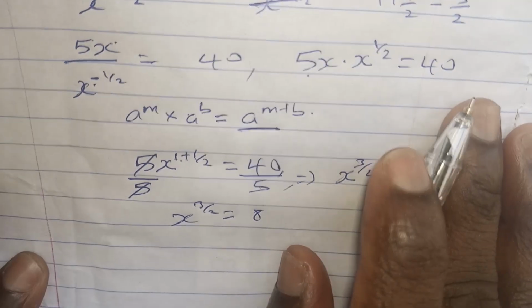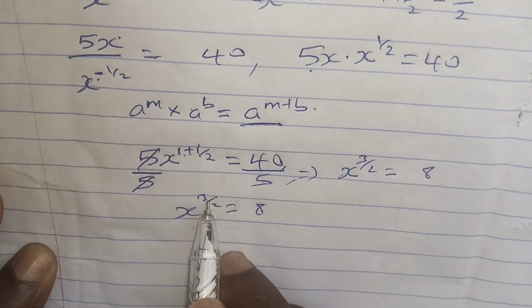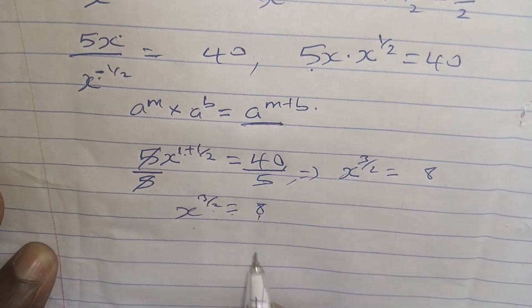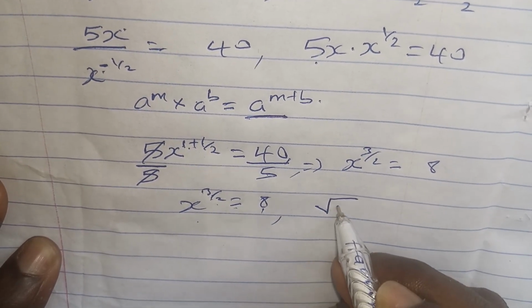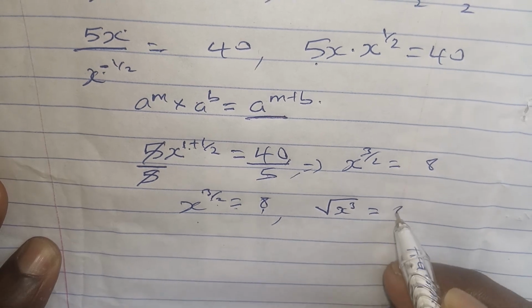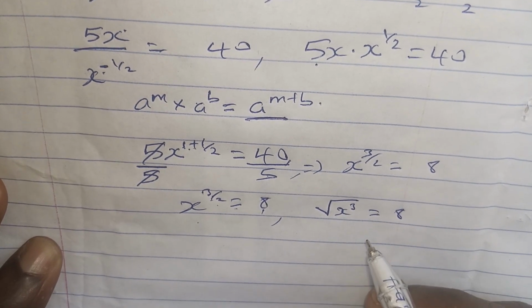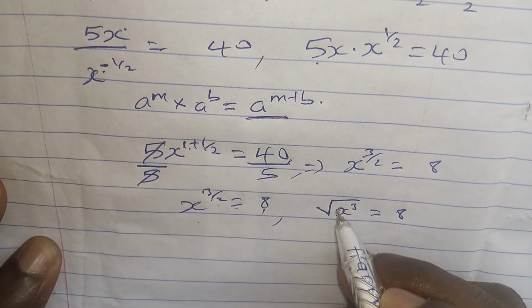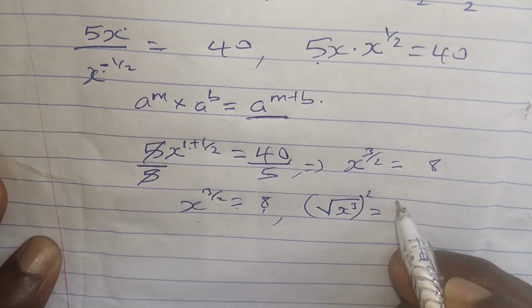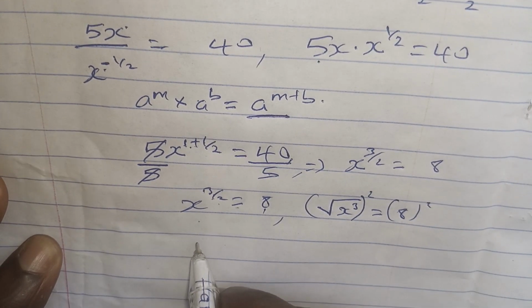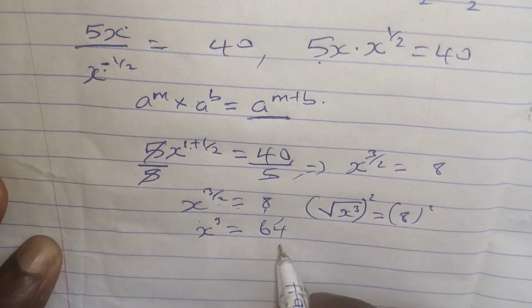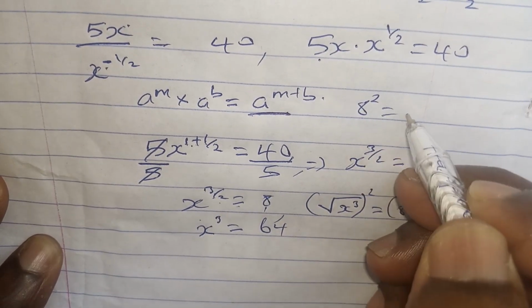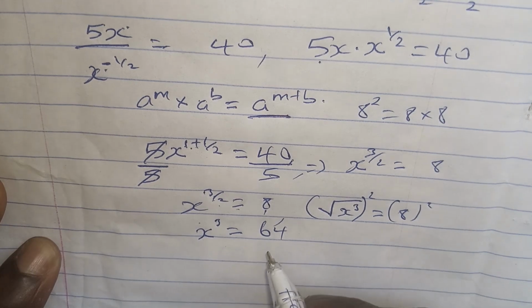We now have x to the power of 3 over 2 is equal to 8. We can also represent this as (square root of x) to the power of 3 is equal to 8. In order to remove the square root, we simply square both sides. So we have x to the power of 3 is equal to 64, because 8 squared is 8 times 8, which is 64.